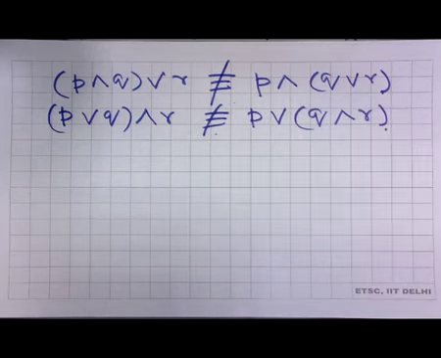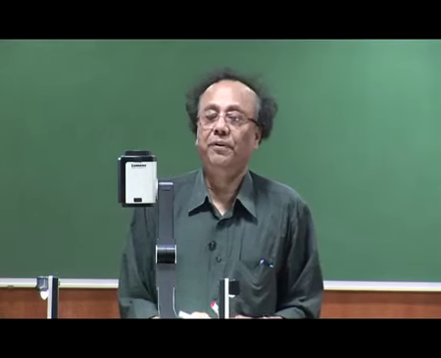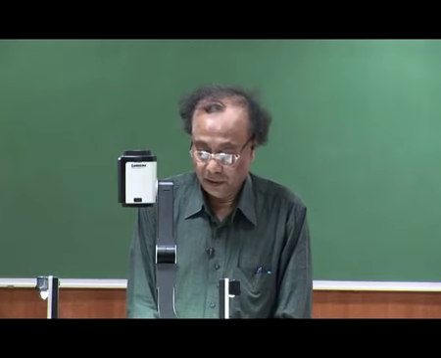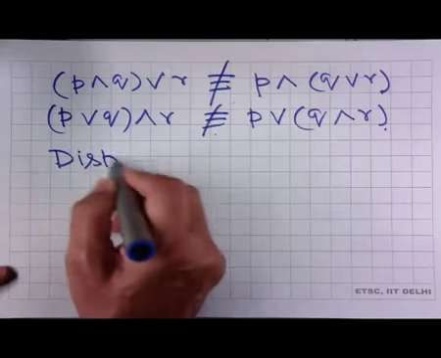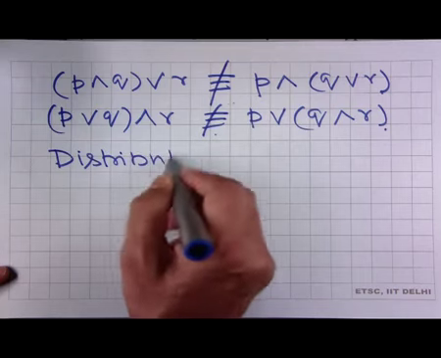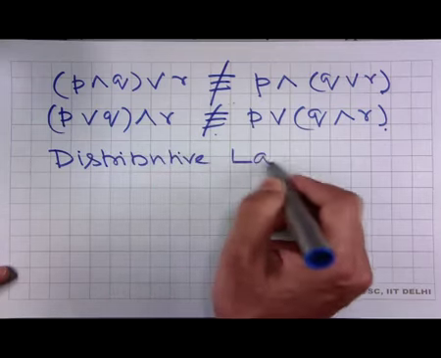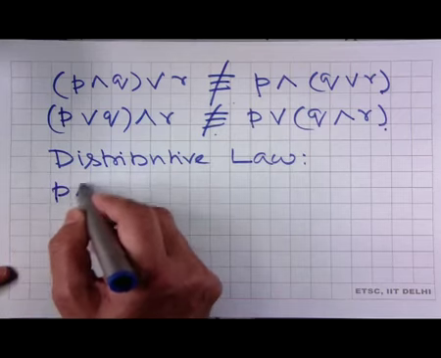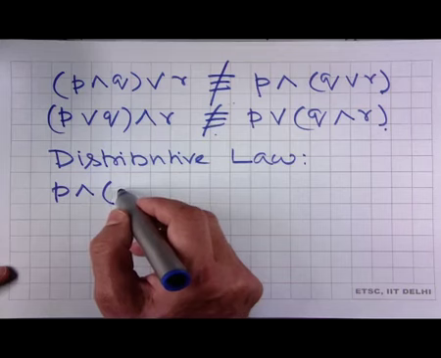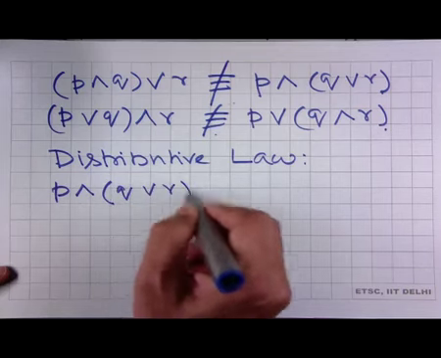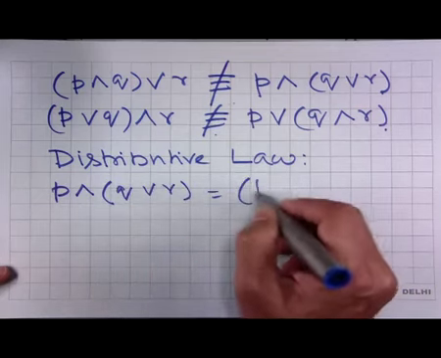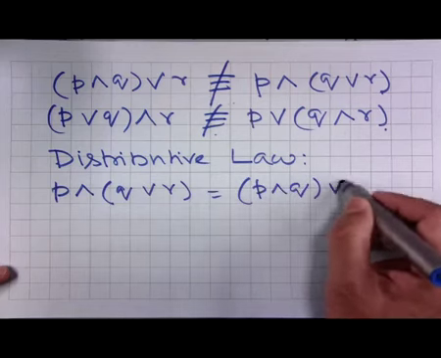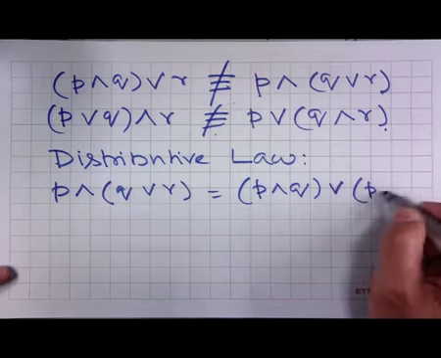Therefore, the question comes, how do we simplify this, right? This comes by the distributive law. It says that P and (Q or R) is equal to (P and Q) or (P and R).